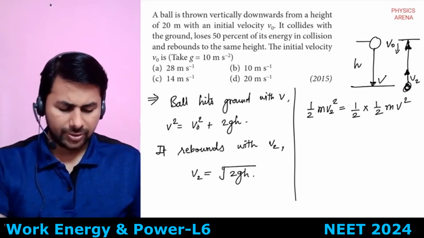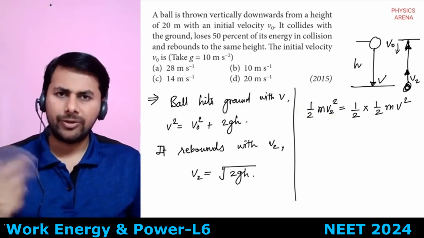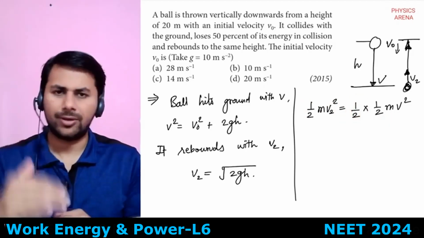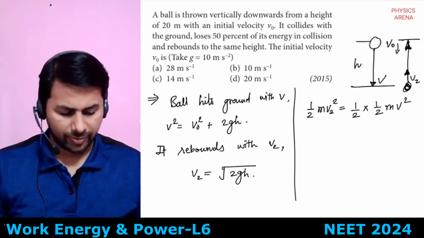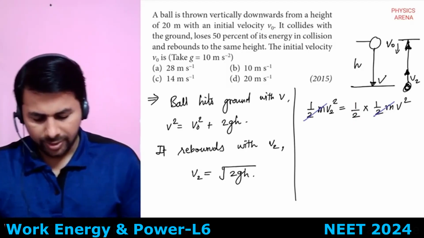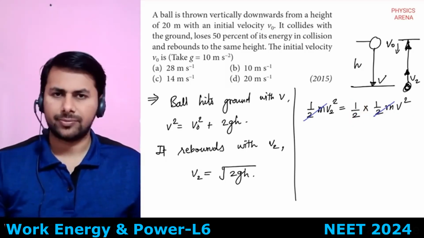It rebounds with velocity v2. So kinetic energy is half m v2 square, and it is half of the kinetic energy with which it strikes the ground. Then you can cancel out half m. You get v2 square is equal to half of v square.